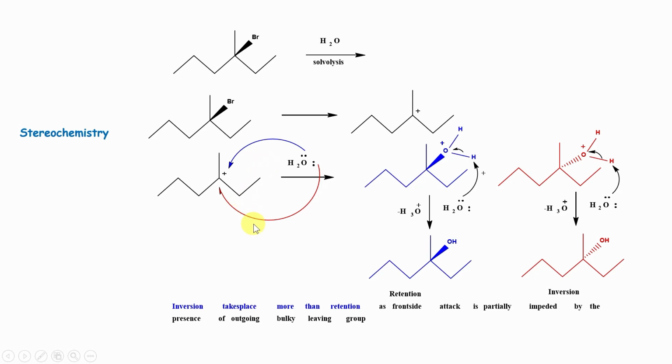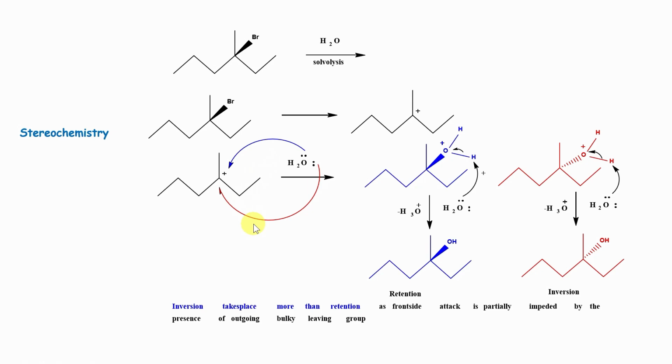The leaving group, iodide or bromide or any such anion, is bulky in this case, and this bulky leaving group partially impedes the moving of the nucleophile towards the electrophilic carbon atom. That is why we get an alcohol with inverted configuration more than the alcohol with retention of configuration. That is the stereochemistry of SN1 reaction.